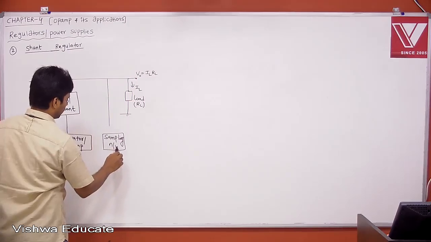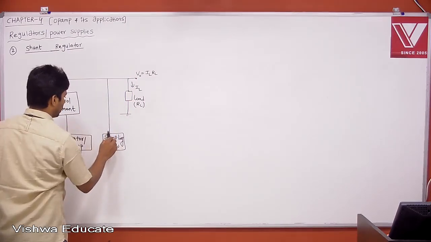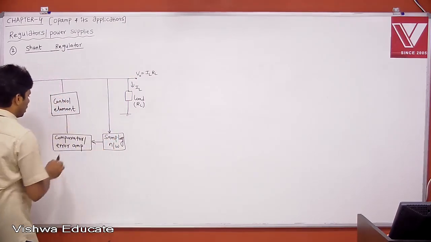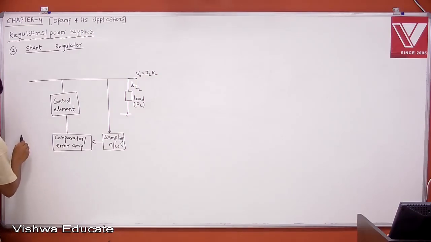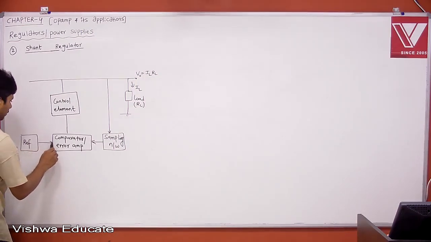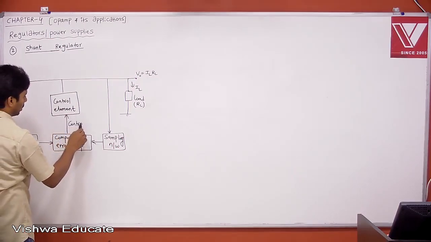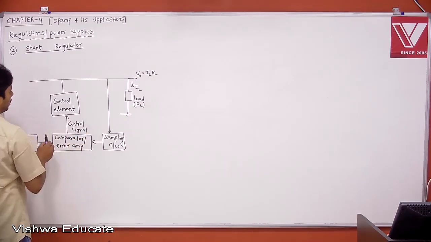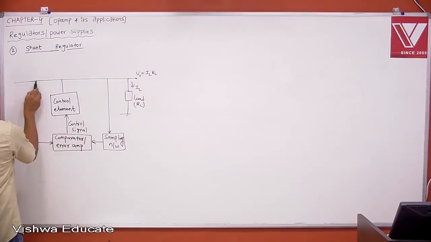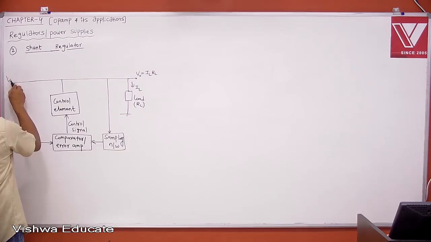And the comparator is going to sample, therefore this is sampling network, your output is sampled, then given to the comparator, and it is going to take the reference voltage from reference generator, then it is going to give control signal. Then whatever line voltage, let us say this is your line voltage, right?